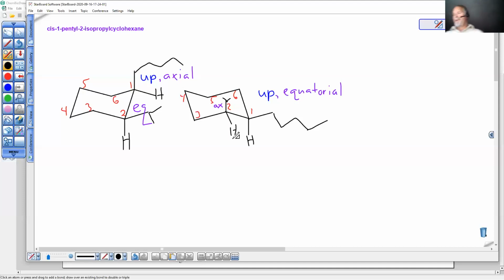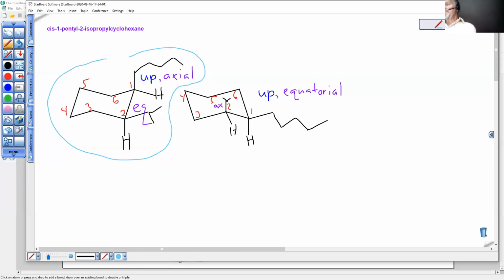One quick point is to circle the chair that's the more stable conformation. You're going to go and do that. Circle the chair that's the more stable conformation, and you don't know exactly why I'm circling this one, but I'm going to tell you why. Remember, if you're a bigger group, in fact, bigger is not the right word either.